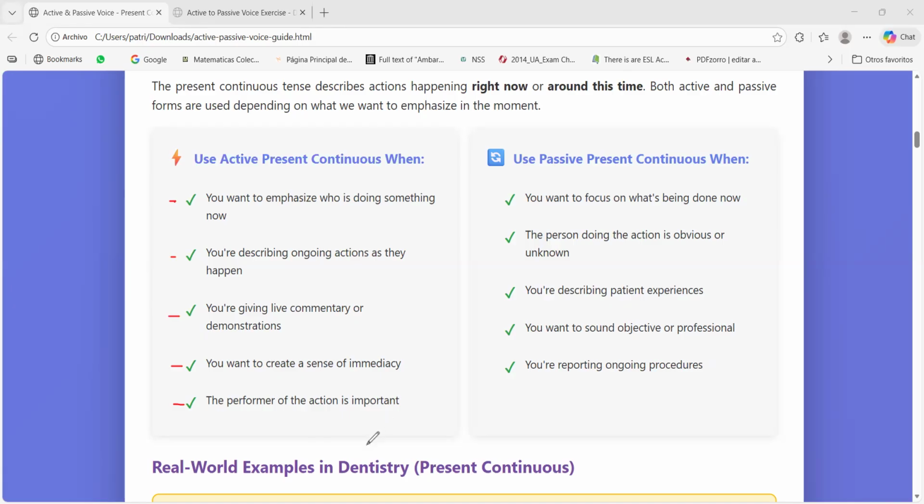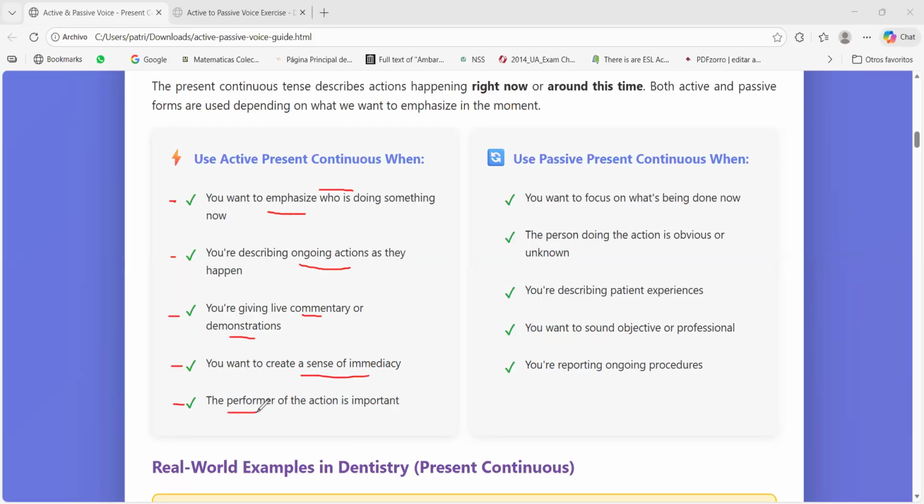Right. Okay. So, when to use active voice in present continuous? Emphasis, who is doing something. Ongoing actions, actions in progress, comments or demonstrations, a sense of immediacy.